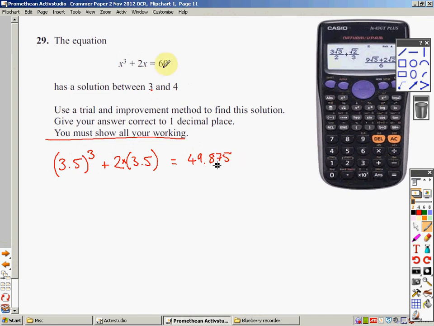Now I'm aiming for 60, and clearly that is too small. You must write small. I sometimes call this Goldilocks column. You must write small there, because you get a mark for evaluating your calculation. You need to say, well, is that too big or is it too small? It's too small. I'm going to go up a couple. I'm going to go for 3.7 this time. So 3.7 cubed plus 2 times 3.7 equals.